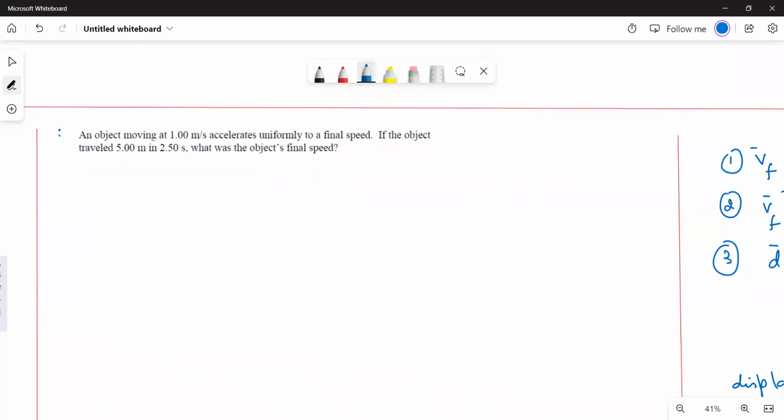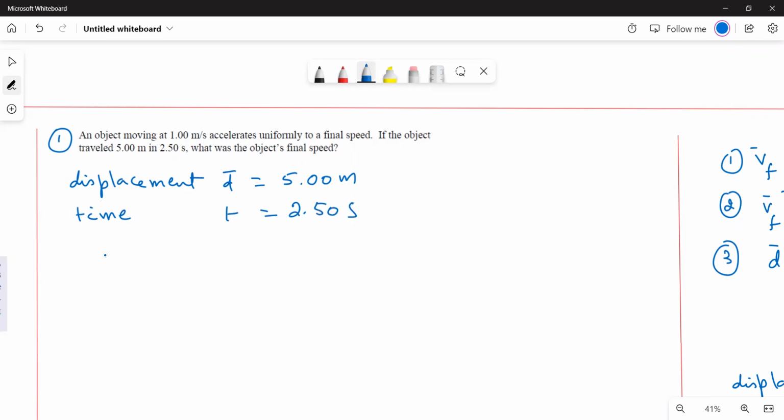Here what is given to us? Displacement is given as 5 meters, and time is given as 2.5 seconds.